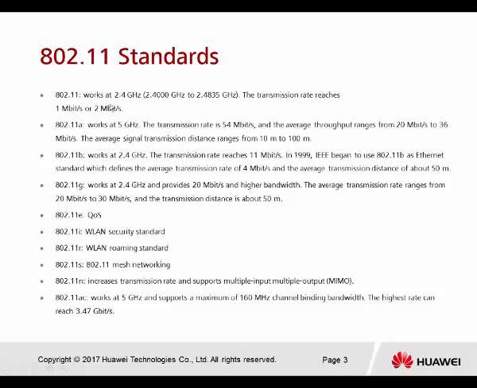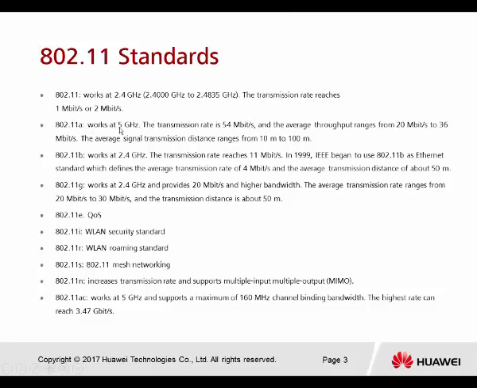So 802.11 works at 2.4 GHz. Okay, and here I'm showing you the range. At 2.4 GHz, the transmission rate reaches 1 megabit per second or 2 megabit per second. For the A, this version works at 5 GHz.